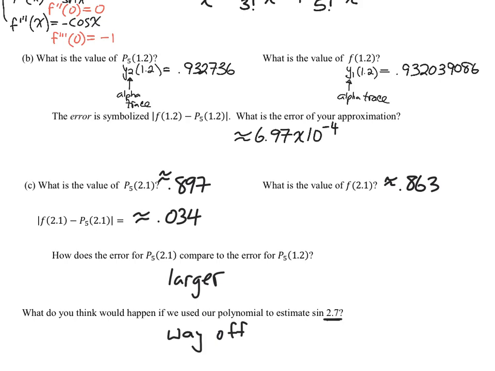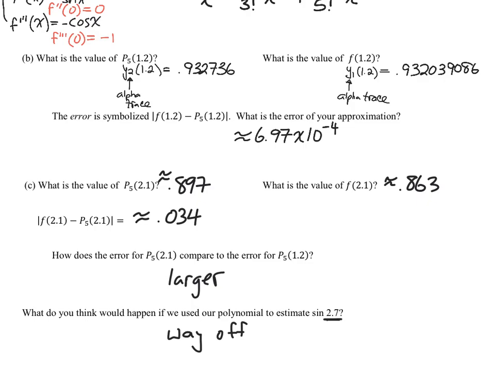But you could test that too. All right, so the sine of 2.7 ought to be about 0.43. This Maclaurin polynomial is telling us that it's about 0.62. So it's not even close in the world of unit circle trig.